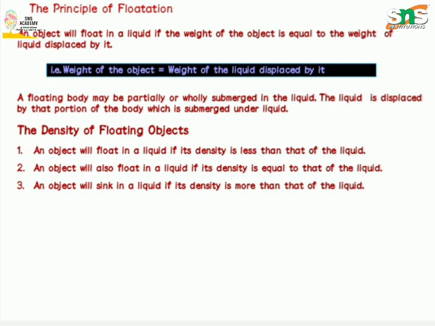The object will float if its density is less than the liquid. The object will also float in a liquid if its density is equal to the density of the liquid. The object will sink in a liquid if its density is more than that of the liquid. You can see the pictures, that is iron nail sinking in water and iron nail floating in mercury.